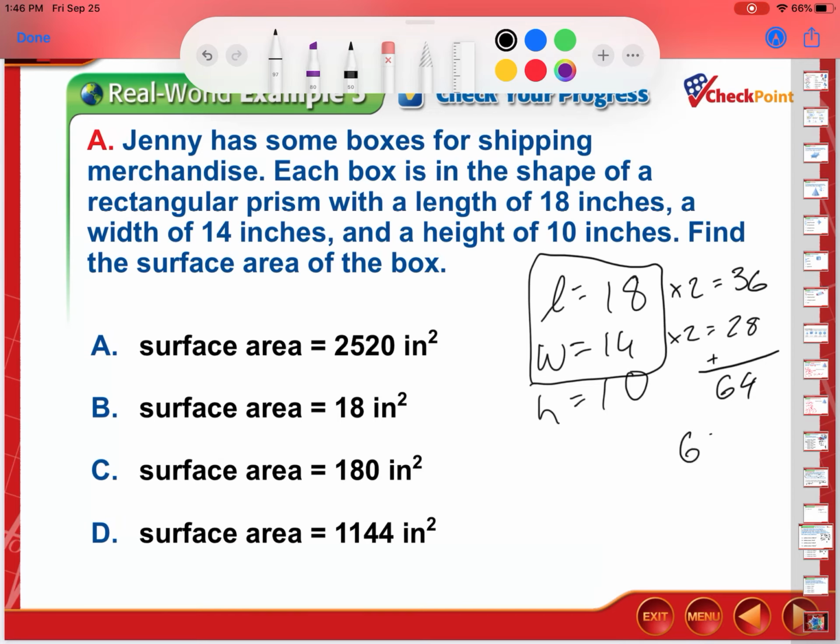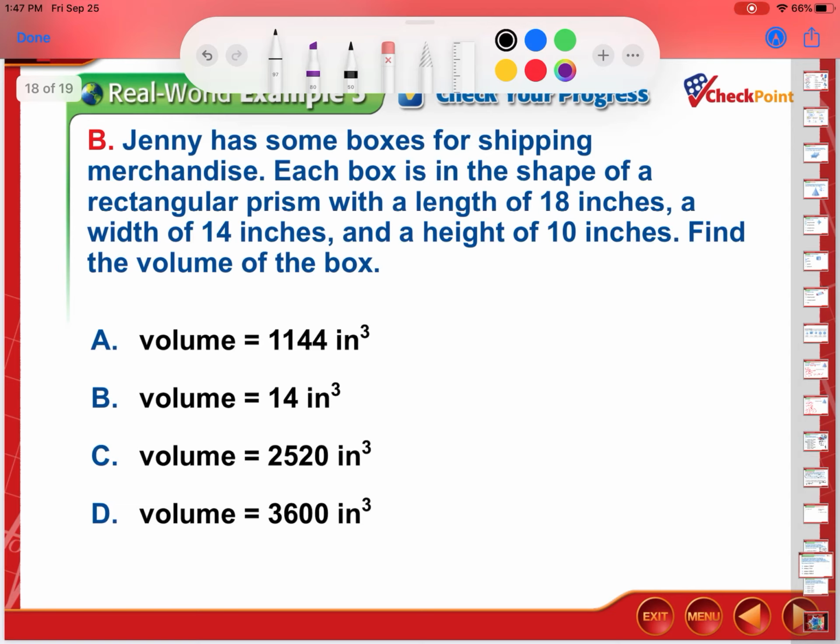is 640, and then I have to add the area of both my bases, so length times width, which is 14 times 18, so 14 times 18 times 2, which is 504, so it should be 1144, so D. She wants to find the volume now, which we said length was 18, width was 14, height was 10.